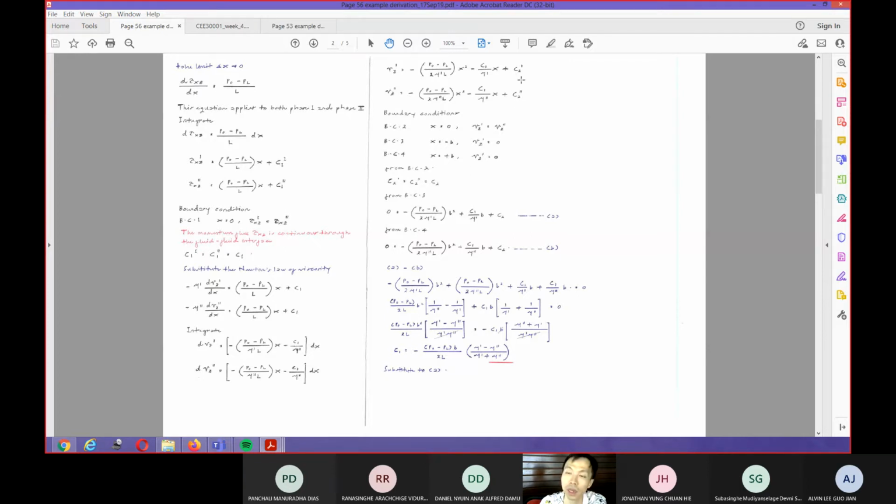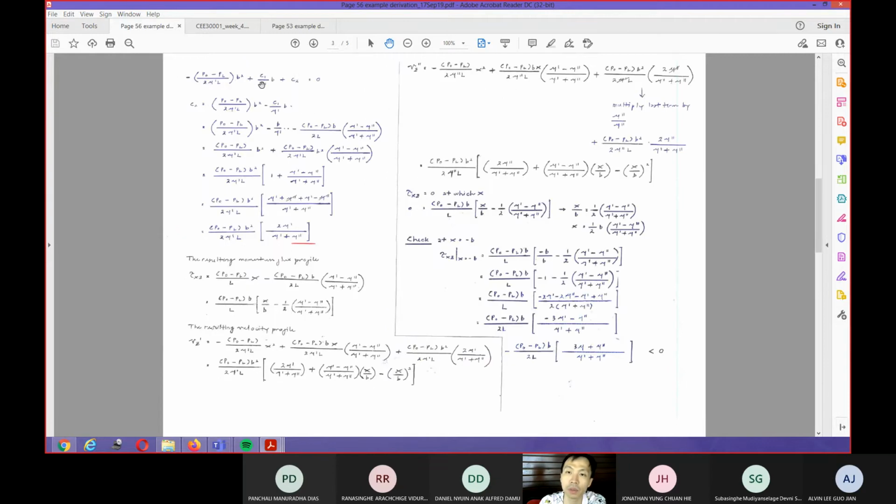Okay. Now, after you get that, you substitute it back again. Then you can also substitute the other BC. When you substitute the other BC, you will get this equation. I call it A. And then from the BC4, you will get another equation, you call it B. Okay. So A minus B will be equal to this, and as a result, you will get C1. Once you get C1, you can substitute this back to A. Then you will be able to recover C2.